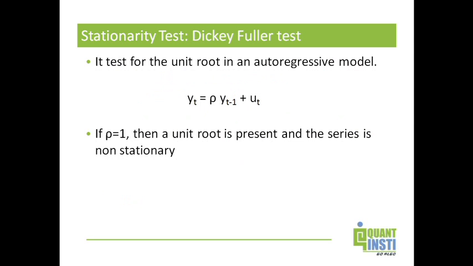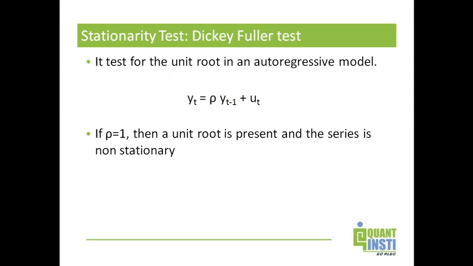Because if this unit root rho is less than 1, then you will see that the series is a decaying one, right? So the value is decreasing, going towards 0. In that case, it would be easier to predict the statistical properties as compared to if rho is equal to 1 or more.